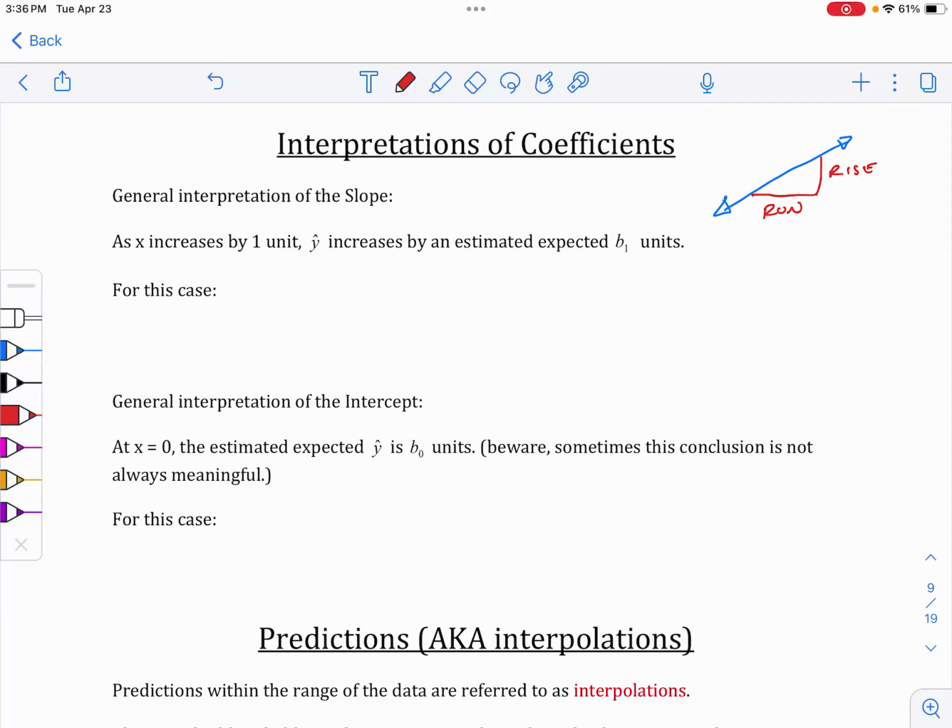For our case, X was our number of rail cars. So as I increase the number of rail cars by 1, let's put that into slightly better English.